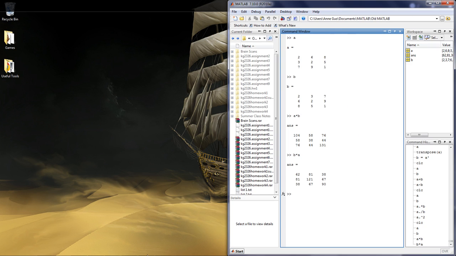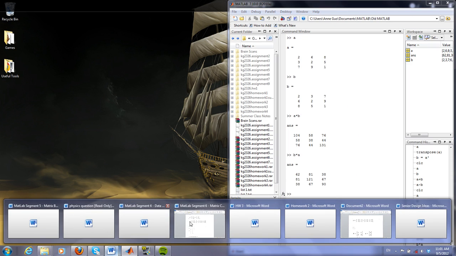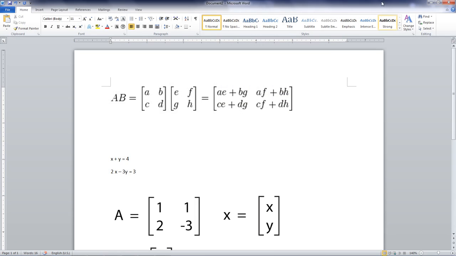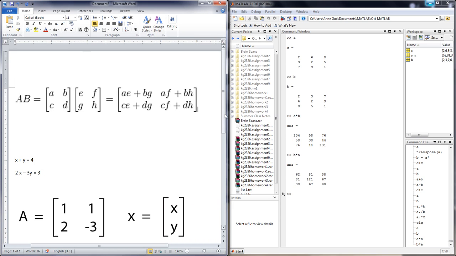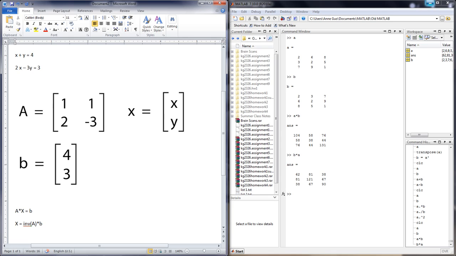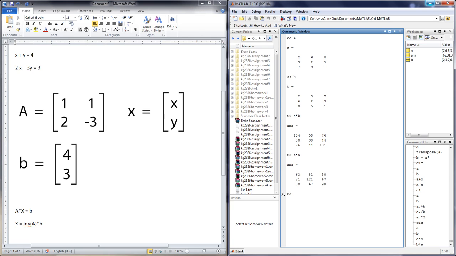Let's take a look at an example problem. Here's an example of a very simple simultaneous equation. X plus y is equal to 4, and 2x minus 3y is equal to 3.